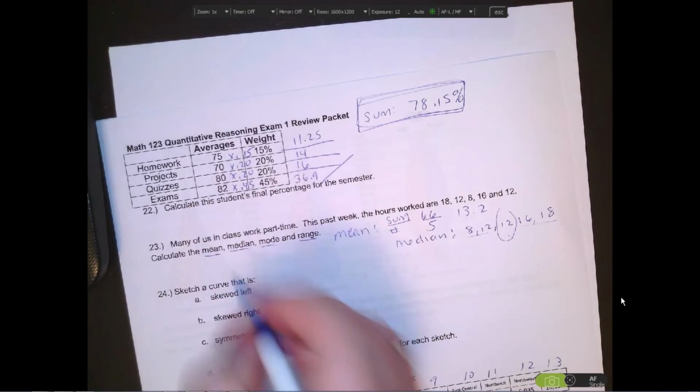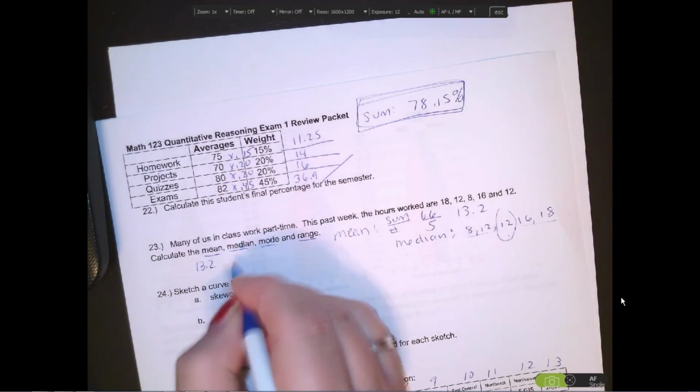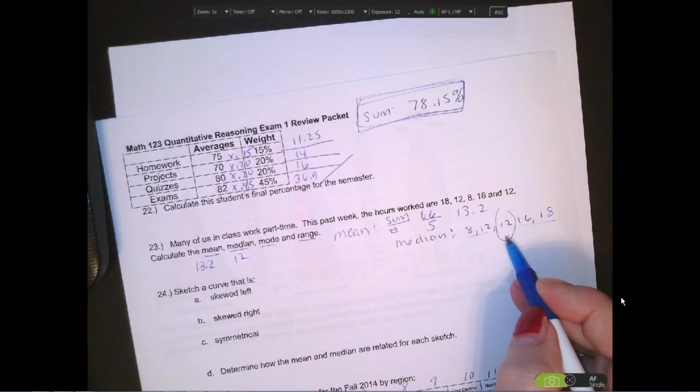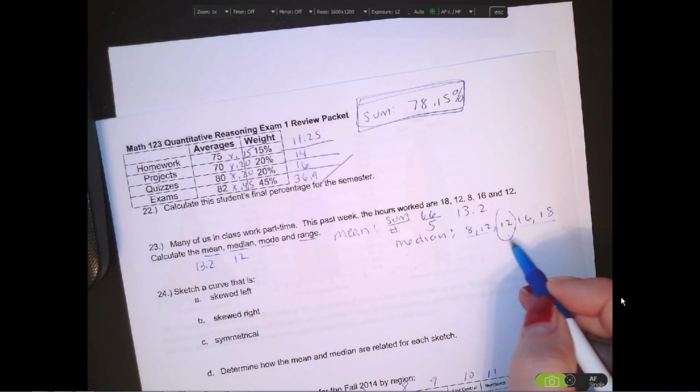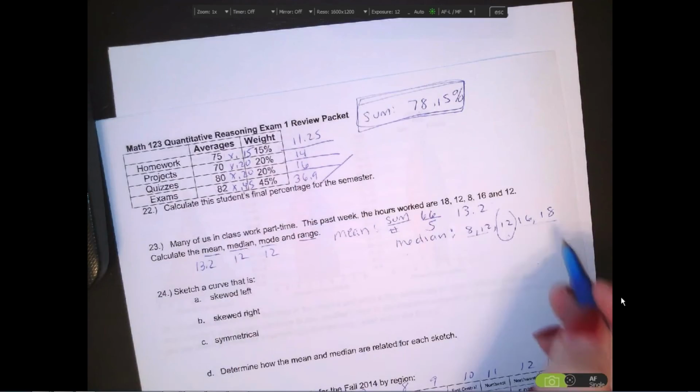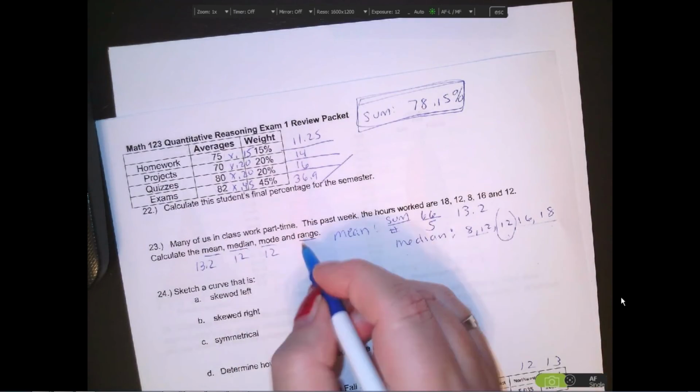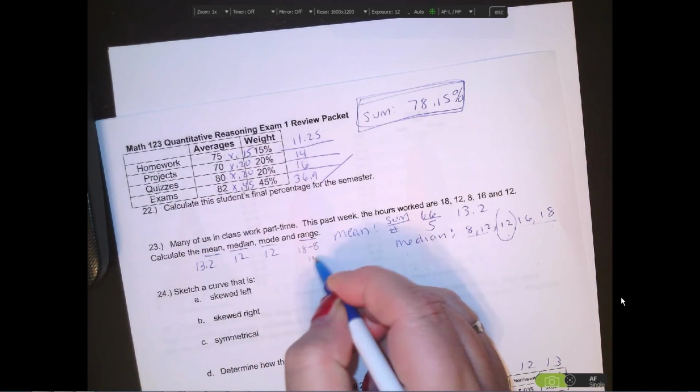So the mean was 13.2. The median is 12. Remember, if it's an even number and falls between two numbers for the median, then you add them and divide by 2. But this was odd and it landed on 12. The mode is 12, and the range is the max minus the min, which is 10.